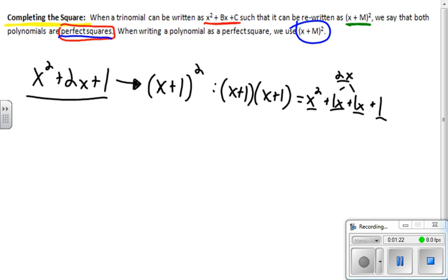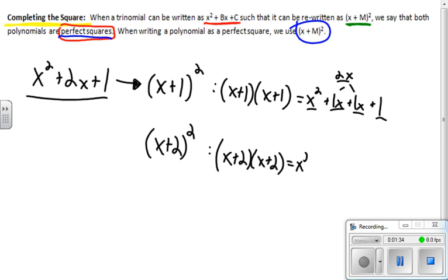Another one, let's go the other way. Let's say we wanted (x plus 2) squared. Well, that would be the same as (x plus 2)(x plus 2). FOILing that out would give us x squared plus 2x plus 2x plus 4. Combining these like terms, 4x, so we would say x squared plus 4x plus 4 is another way to rewrite that expression.